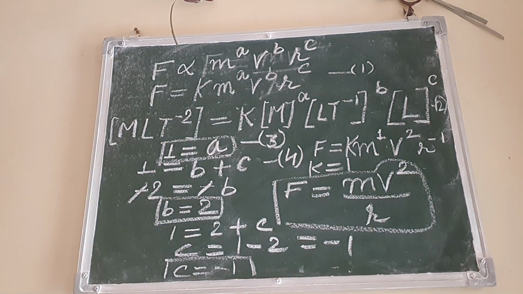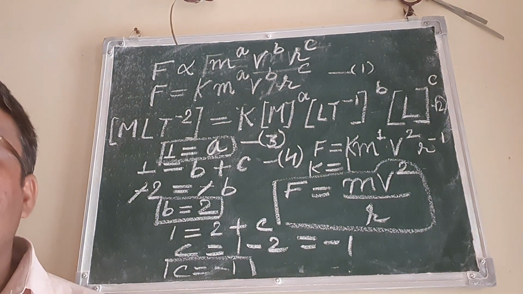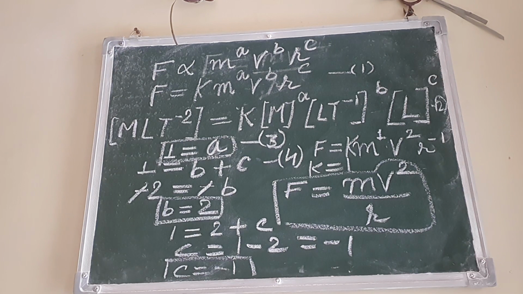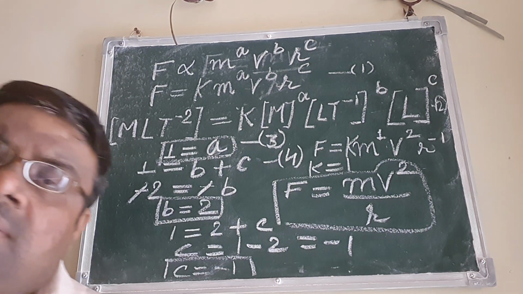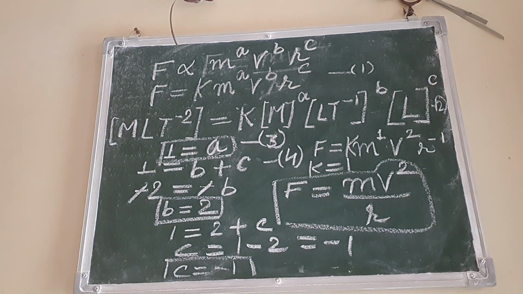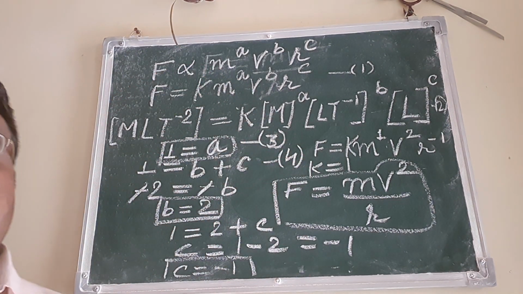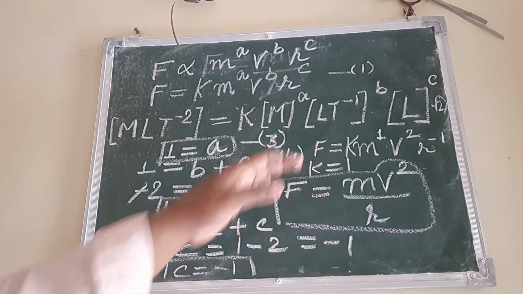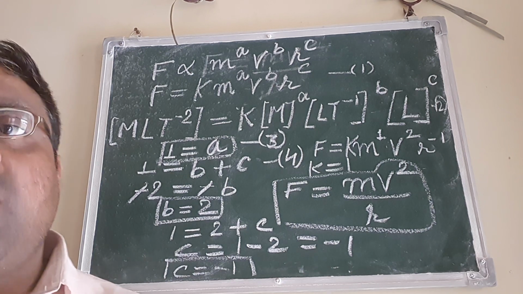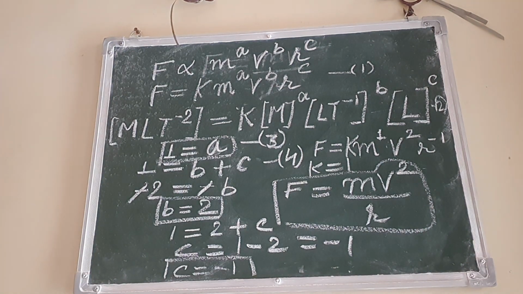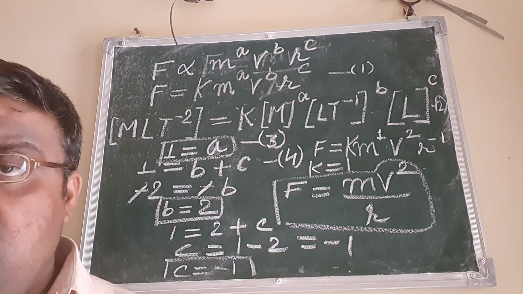So we have found the values of all the constants, that is a, b, and c. Now we are substituting these values in the first equation, that is F is equal to k m raised to power a, v raised to power b, r raised to power c. Substituting the values of a, b and c, we get F is equal to k m raised to power 1, v raised to power 2, r raised to power minus 1.